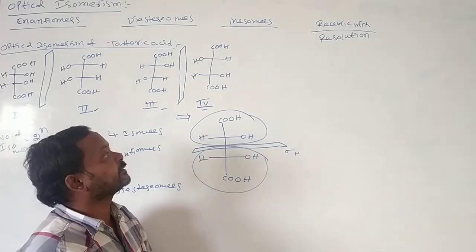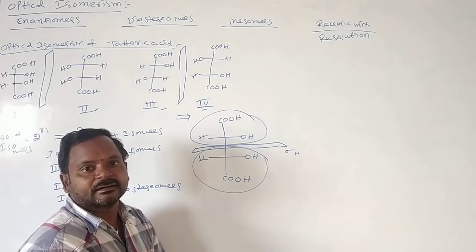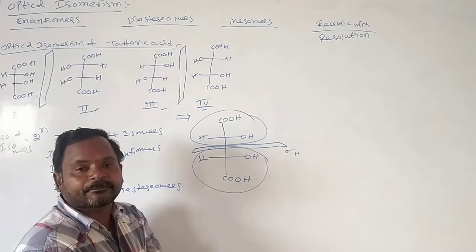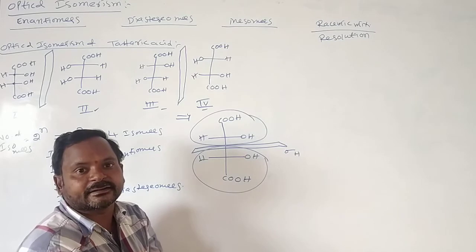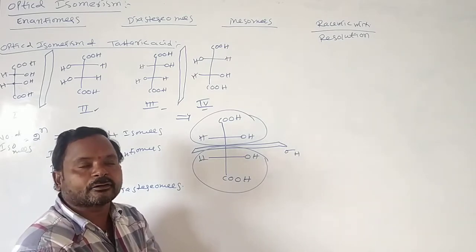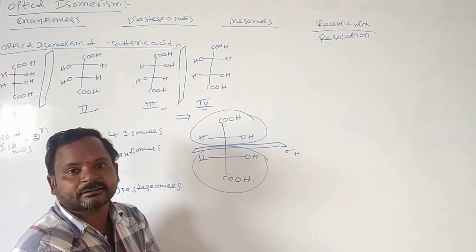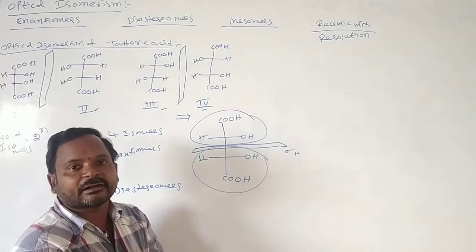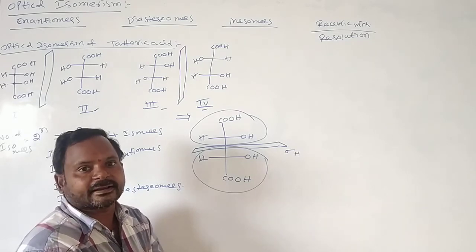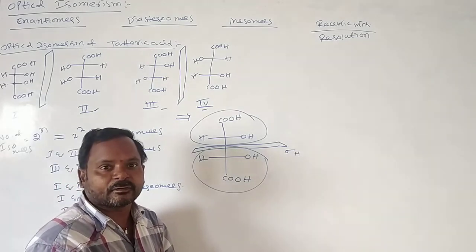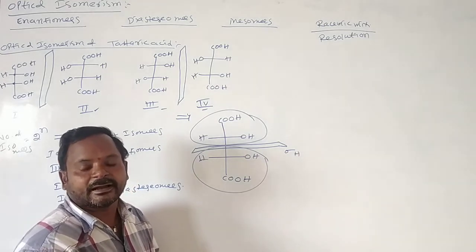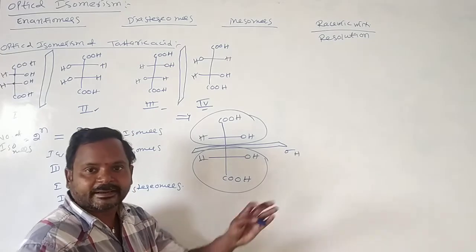If priority groups are arranged in the clockwise direction, we call it R. If they are arranged in the anti-clockwise direction, we call it S. Here I am taking S as positive and R as negative, S is dextro and R is levo.